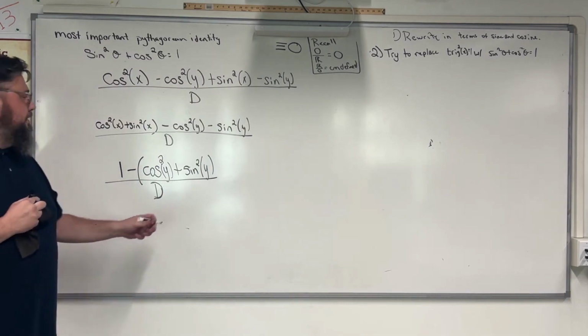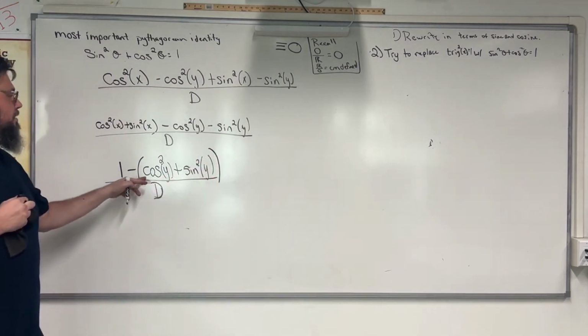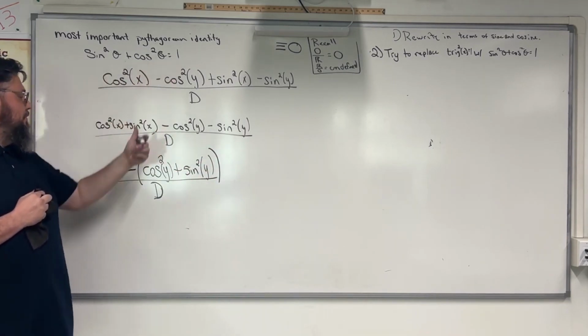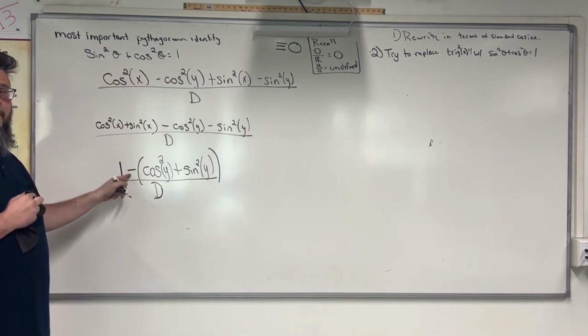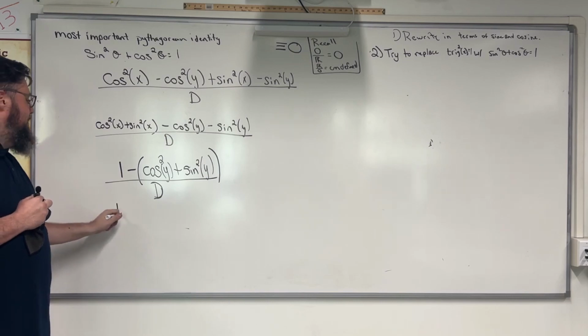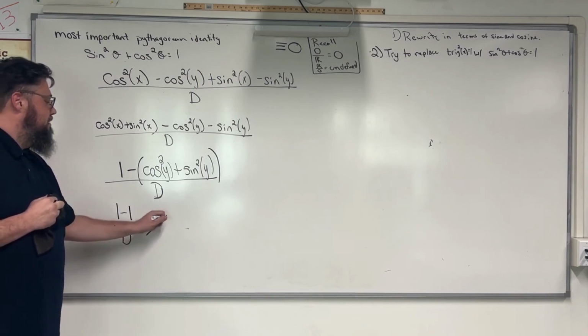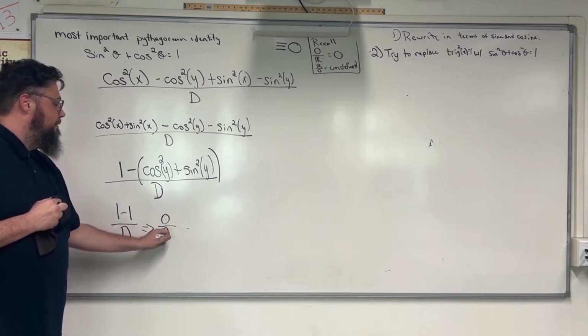Now I can see here, cosine squared plus sine squared, well, cosine squared plus sine squared is equal to 1. And now because I factored that out, I have a negative sign there. So I have 1 minus 1 over that crazy denominator. It's going to give me 0 over that crazy denominator.